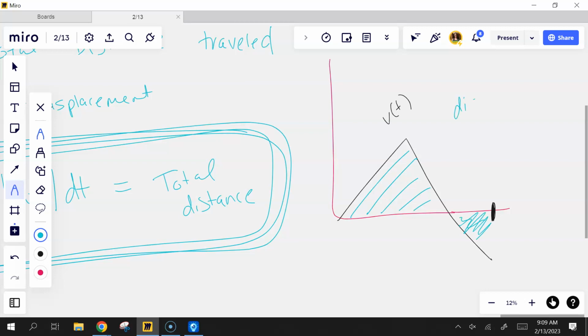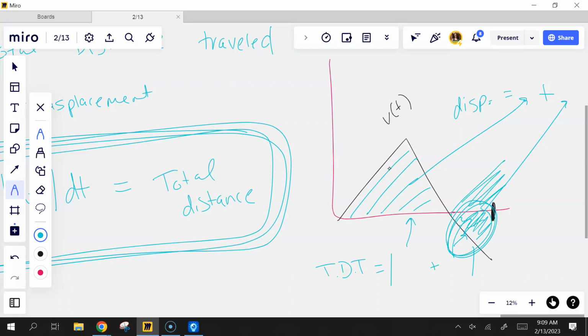Displacement would be if I added this plus this, but this one's negative, right? Total distance traveled is this plus this, but I need to do the absolute value. I need to make sure that this stays positive. It would flip it up here to give me this value. Does that make sense? Because I need it to be positive.